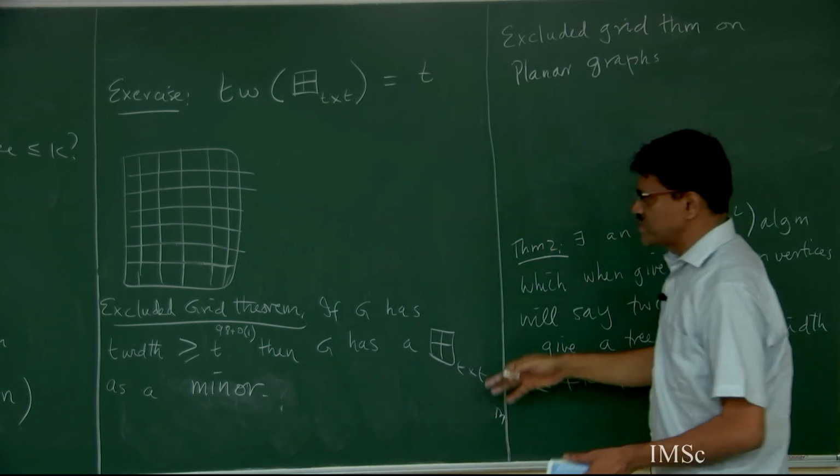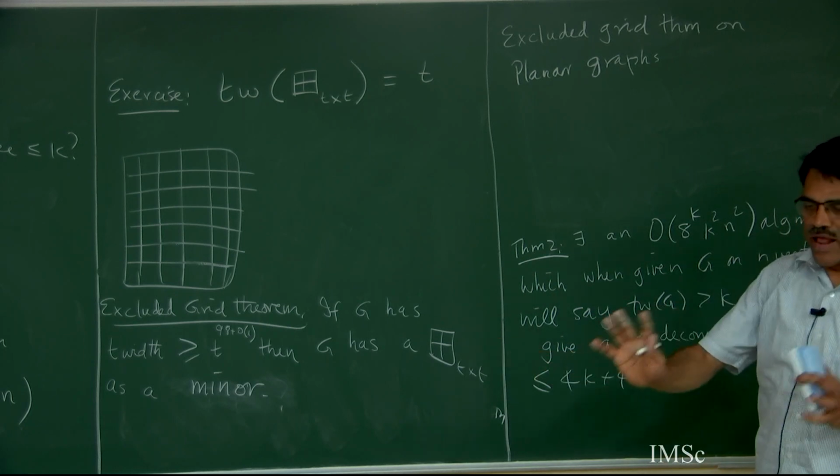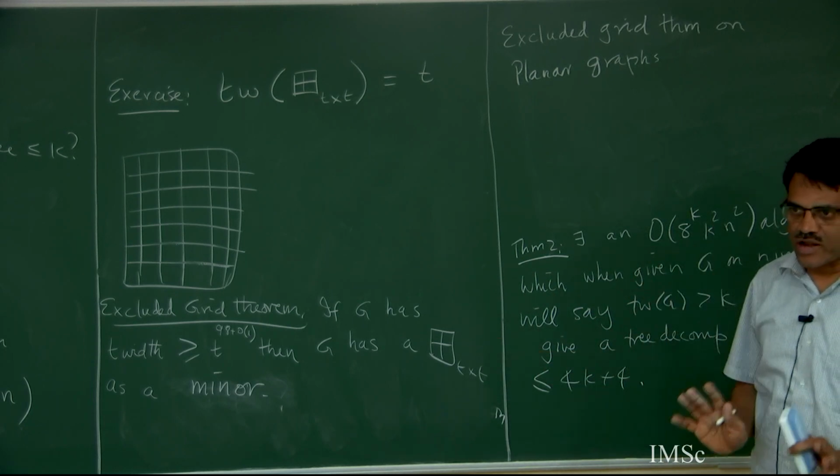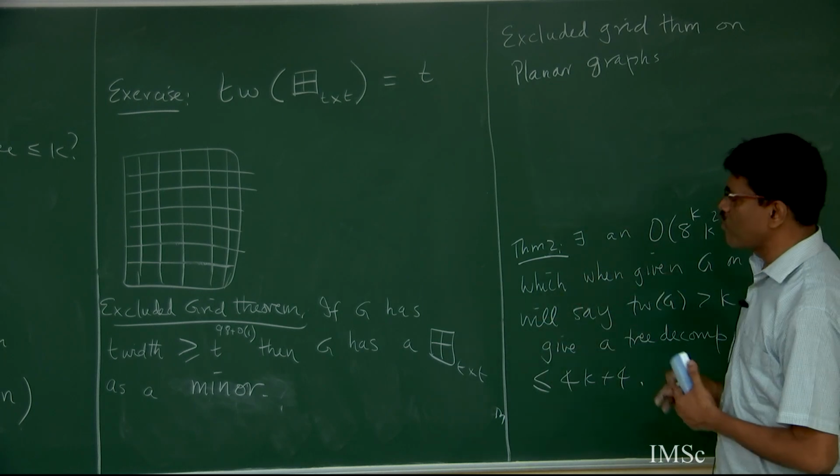The proofs of these theorems are pretty involved, but still you can use them nicely as a black box and sometimes design good algorithms. That's why I want you to get a feel for how we can use them.